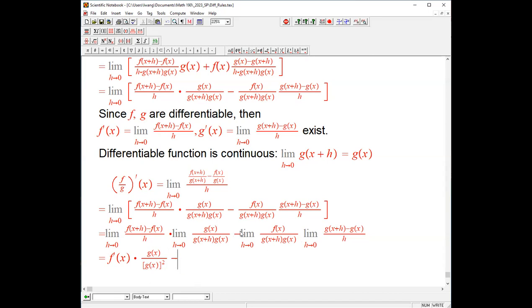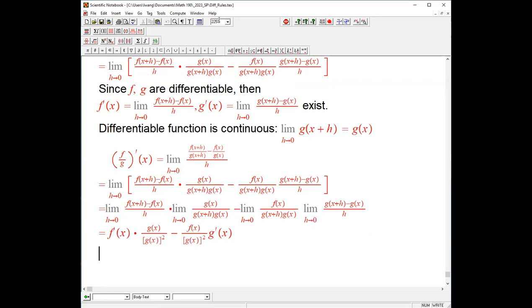Subtracting, okay, and that piece, we use continuity, and that will be equal to f of x divided by g of x squared. See, that common denominator is right there. Okay, we use continuity and then g prime. Okay, one more step.